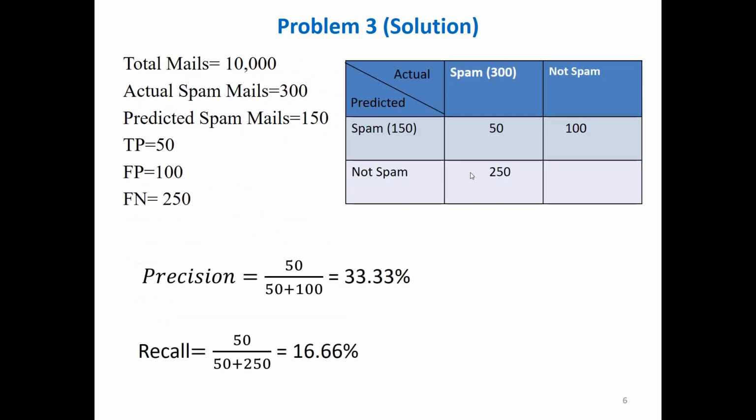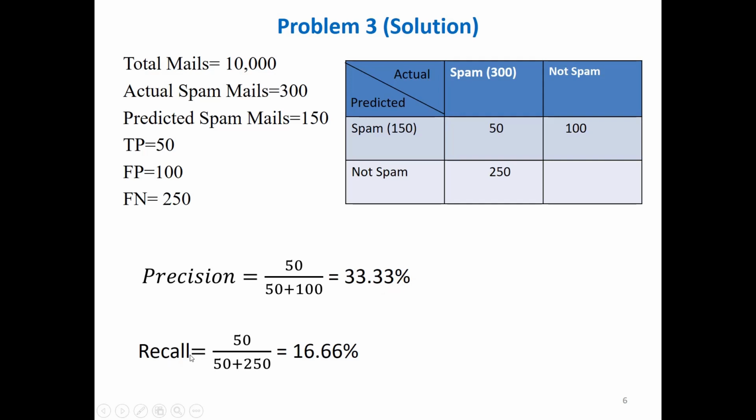So if we solve this problem for finding precision and recall, the TP value we are getting is 50 and precision is equal to TP divided by TP plus FP. FP is equal to 100. So TP 50 divided by 50 plus 100. So precision comes out to be 33.33%.